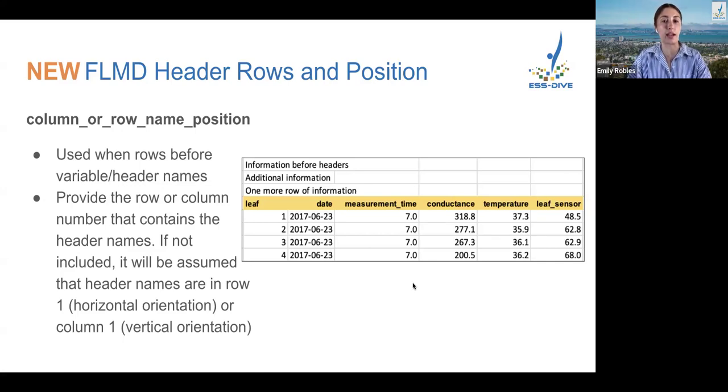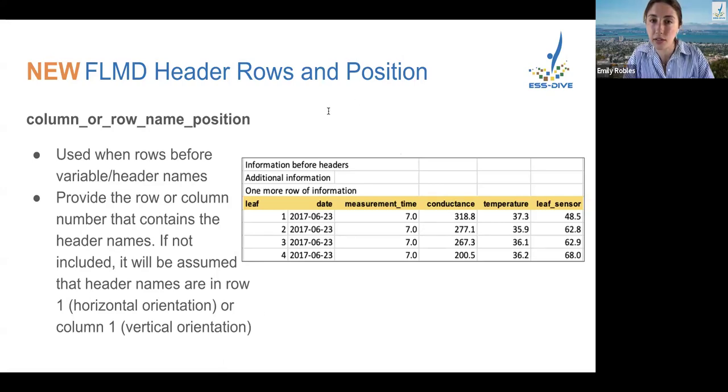If these aren't included, it'll be assumed that the header rows are in row 1 if a horizontal orientation, or column 1 if a vertical orientation.